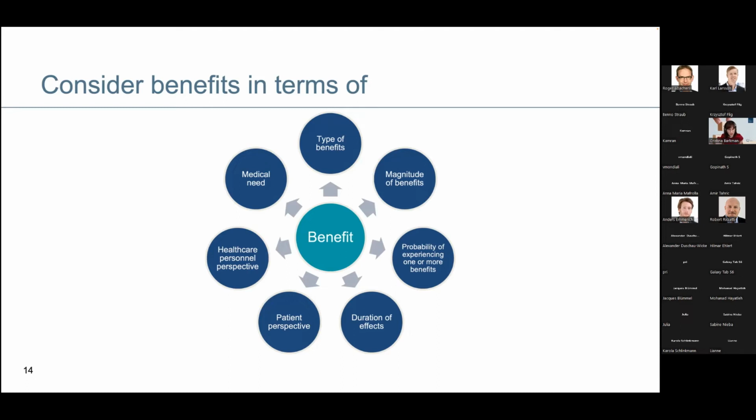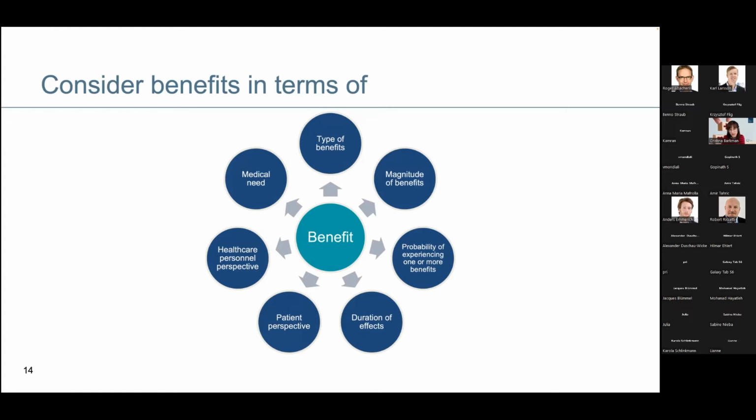So when you are looking into the benefits, you should consider what type of benefits you have, what is the medical need, what's the magnitude of the benefits, what's the probability of experiencing one or more benefits, what's the duration of the effects, what is the patient perspective, and what is the healthcare personnel perspective.